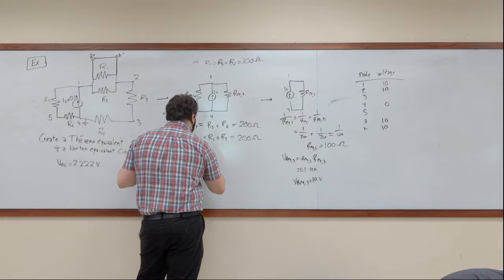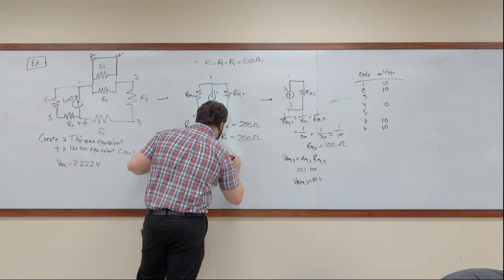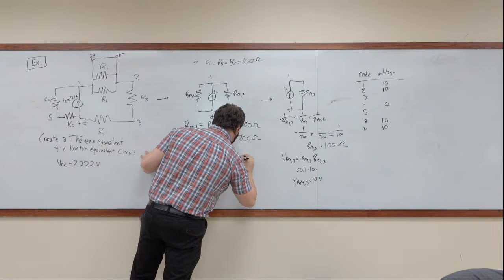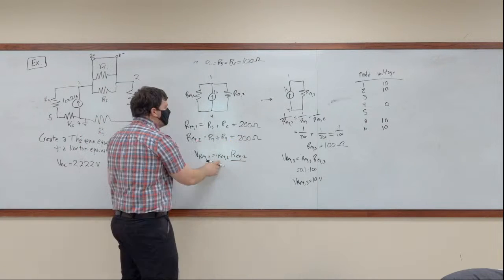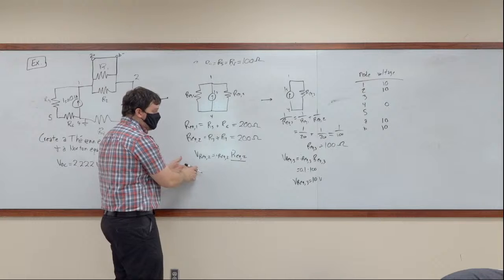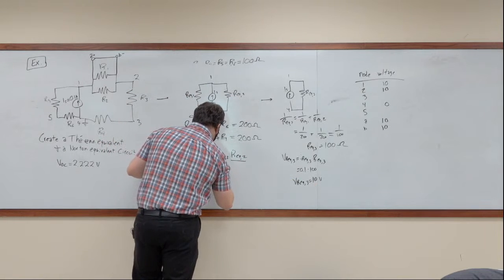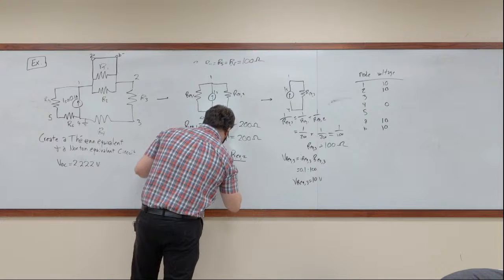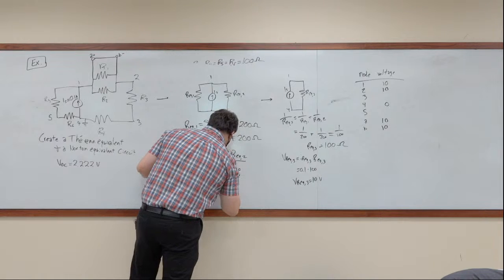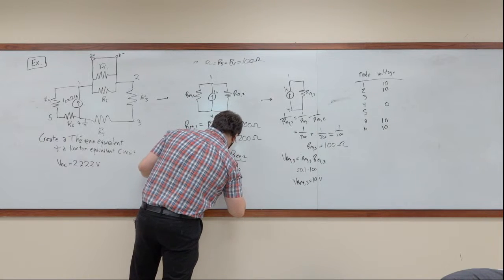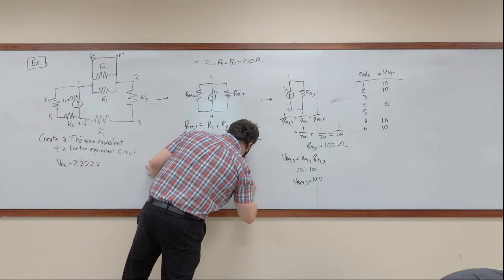So VREQ2 is equal to IREQ2 times REQ2. Here I know what REQ2 is, it's 200. IREQ2 I don't know. VREQ2 is equal to 10. So 10 is equal to IREQ2 times 200, which means IREQ2 is equal to 0.05 amps.